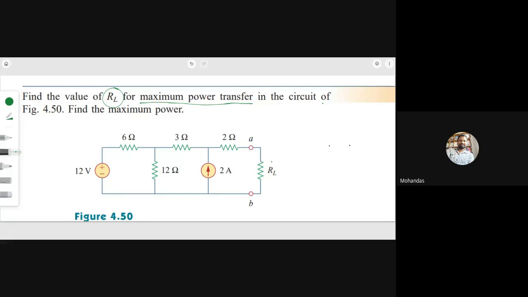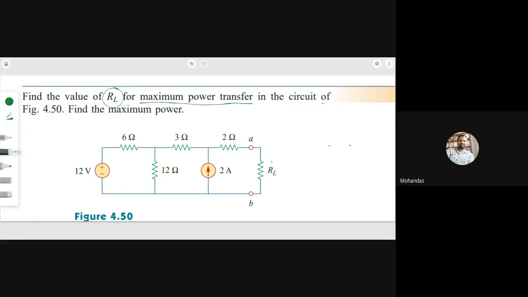When will maximum power transfer from source to load? Ranjit, what is the condition? Am I audible first of all? Yes, sir.